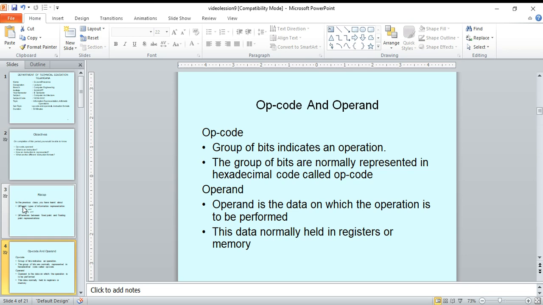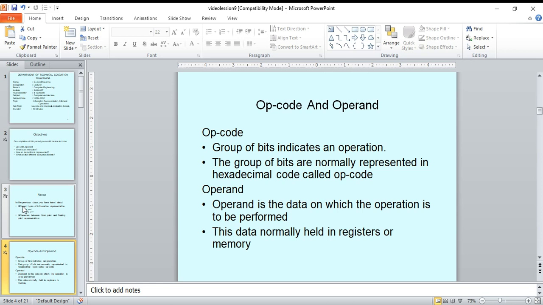The group of bits are normally represented in hexadecimal code. There are so many codes, and we generally use hexadecimal code to represent the group of bits of the opcode. And then operand.